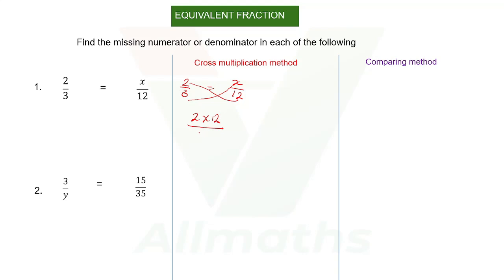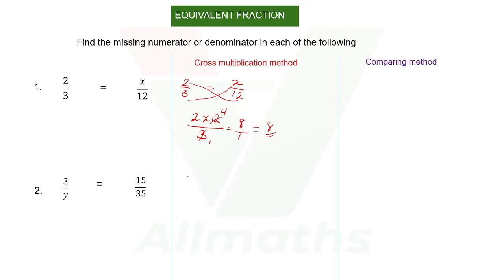So divided by 3. We look at it carefully. Do you have a number that can divide any number up here and down here at the same time? 3 can divide 3 and 3 can divide 12. So 3 here gives 1, 3 here gives 4. You are left with 2 multiplying 4, which gives us 8. This place is left with only 1. So 8 over 1 is the same as 8. So our x is 8.